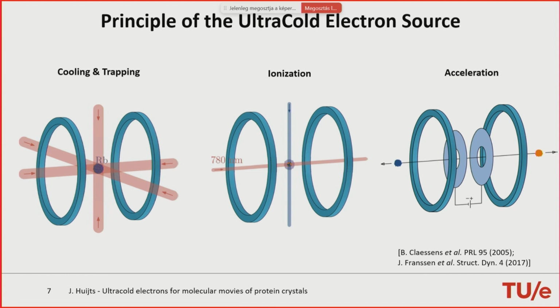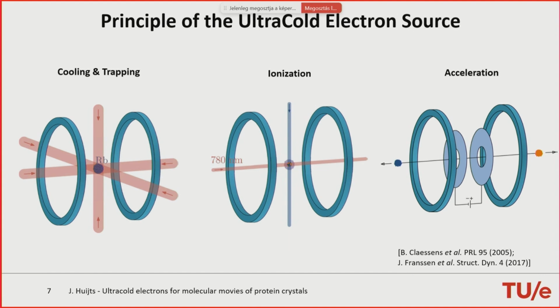And then if you carefully tune the ionization wavelength of the laser, then the produced electron beam is also practically standing still. And then using a DC electric field, we accelerate the electron beam towards the sample. This is the principle of the ultra-cold electron source, something that was pioneered in our group already 20 years ago.